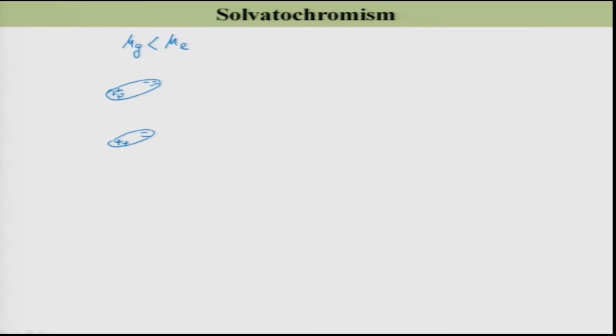So, now let me put this molecule in a solvent of polarity P1, which obviously is going to stabilize both the ground state and excited state, and let us say the stabilization is like this. So, this is from the solvent point of view, the solvent dipoles, and over here will be something like this.